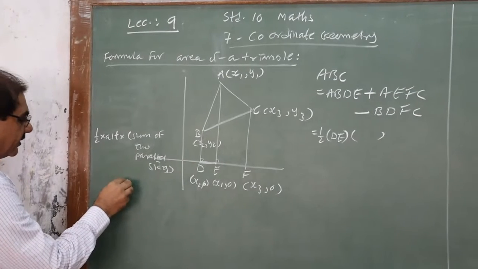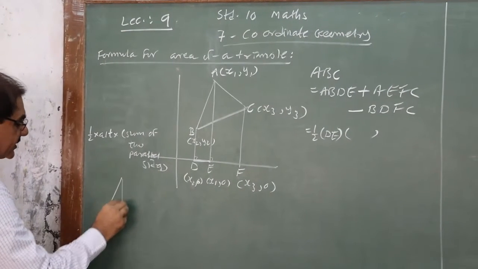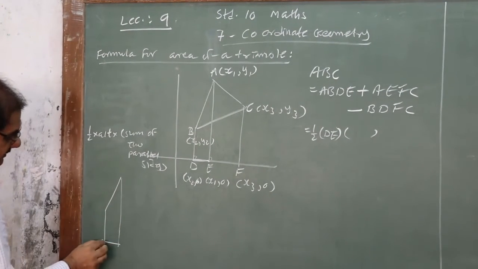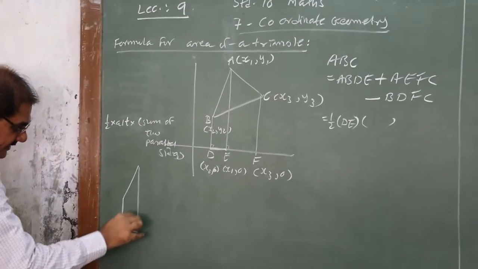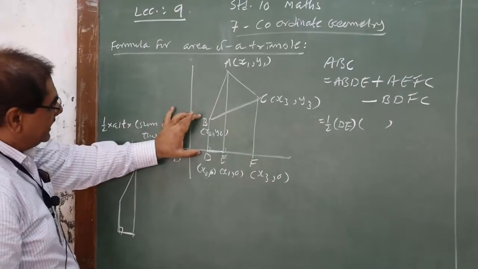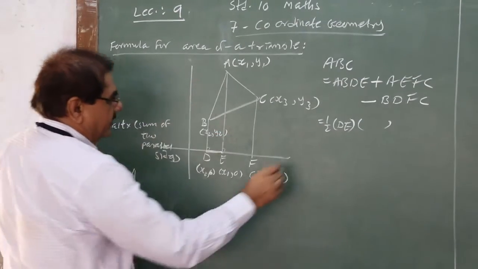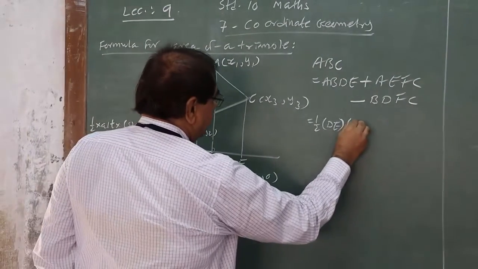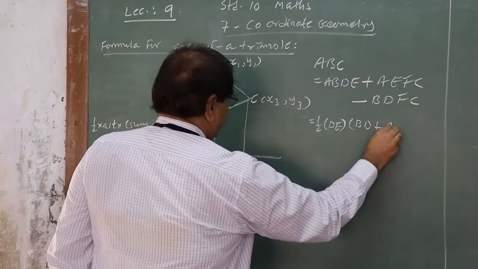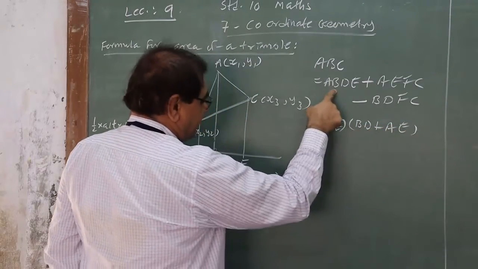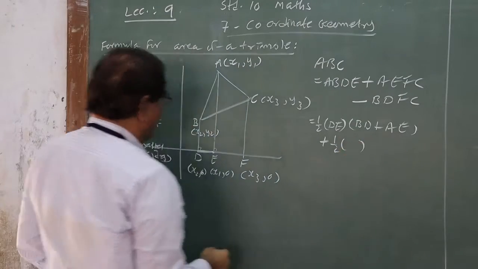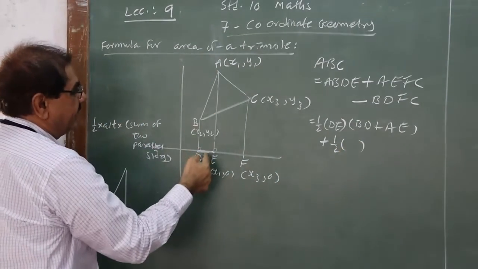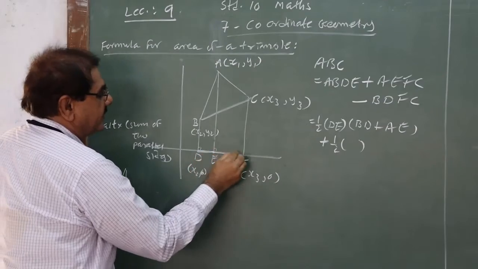I draw the figure for simplicity so you can understand. This is the altitude being perpendicular and these are the two parallel sides. So they are BD and AE. I write here BD plus AE. It is the first trapezium, plus again the second trapezium, 1/2 into, for trapezium AEFC, what is the altitude?